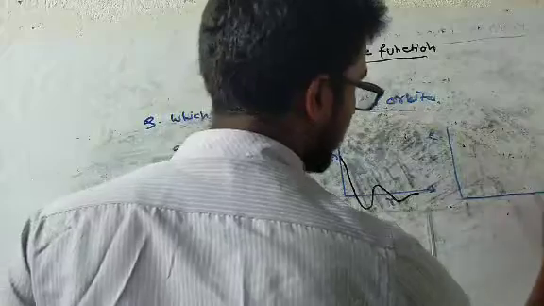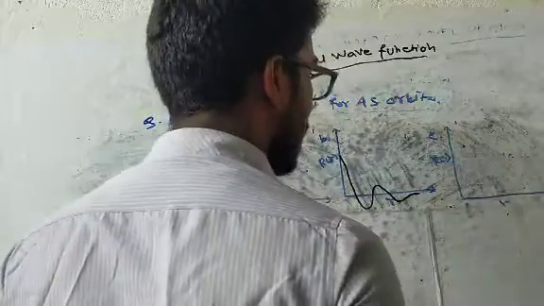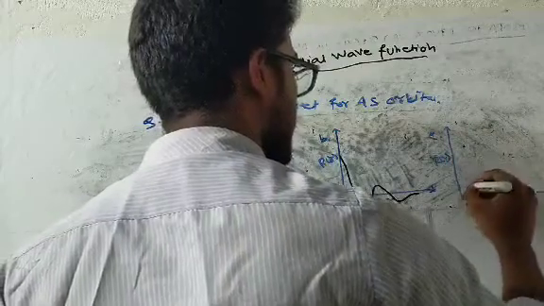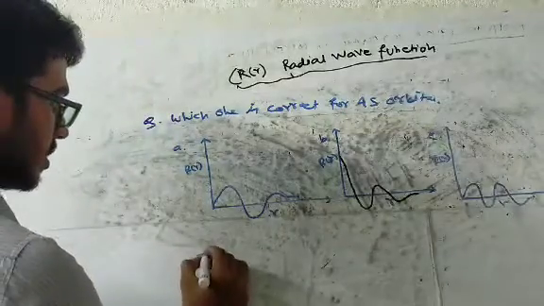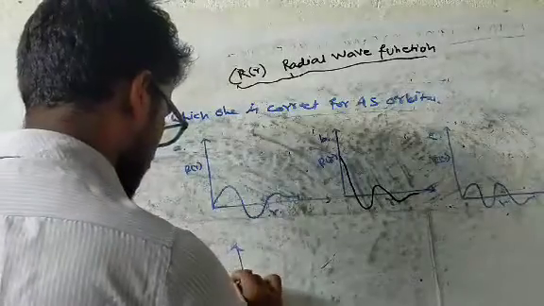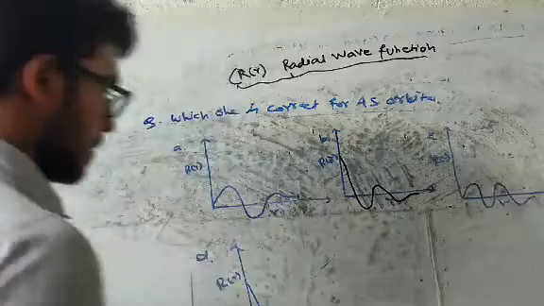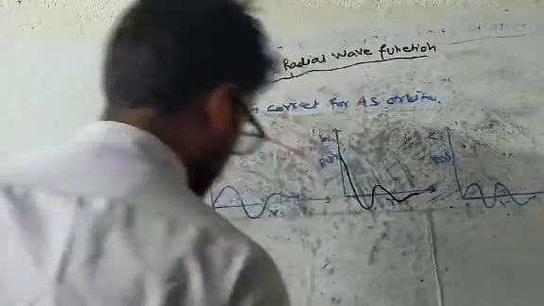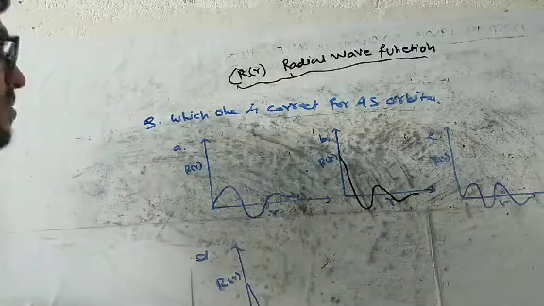Option C, R of r looks like this. And let's say option D is R of r like this. So these are the four options.